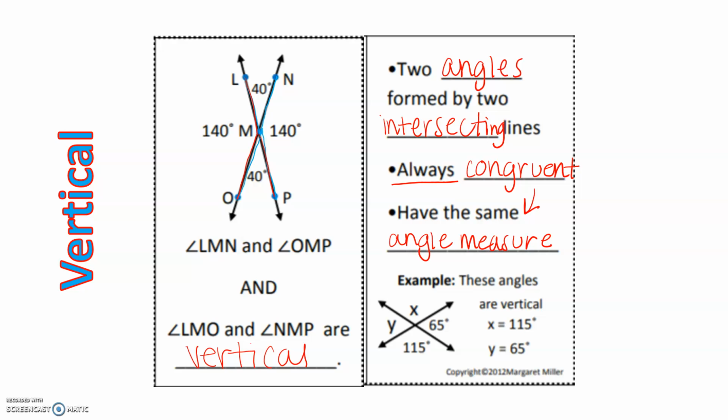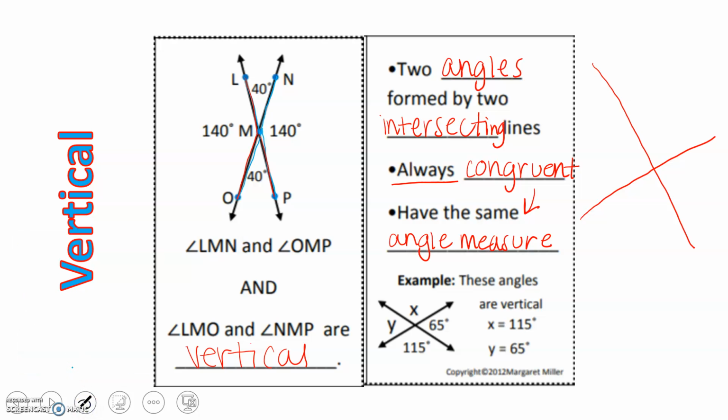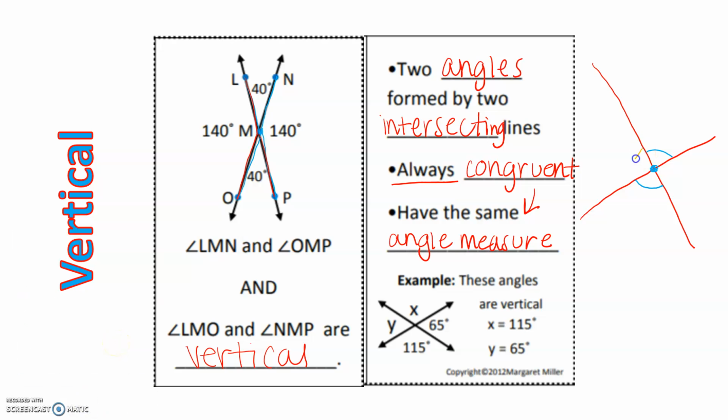It says two angles are formed by intersecting lines. So here I have a line, and then here I have another line. So that's intersecting. So right here they intersect. This angle and this angle will be congruent. And then this angle and this angle will be congruent.